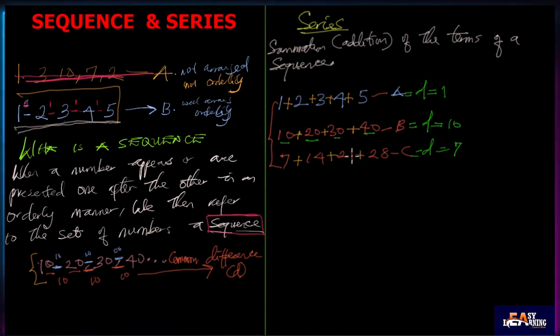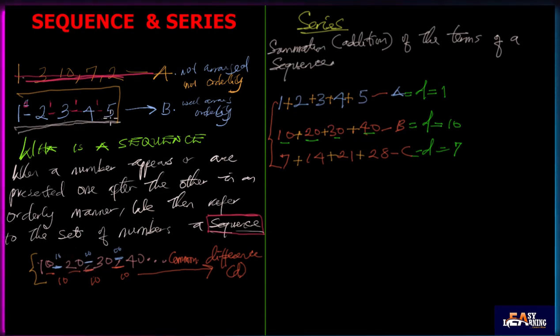So what we have here is what we call the series, whereas a sequence is the orderly arrangement of numbers. When numbers are arranged orderly and have a common difference, that is a sequence. If you subtract one from another, it remains the same throughout.